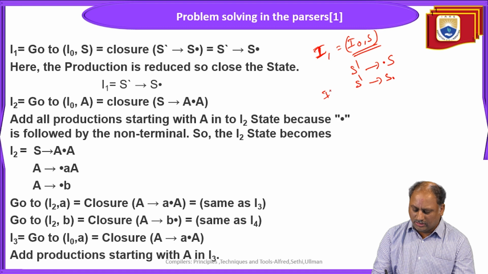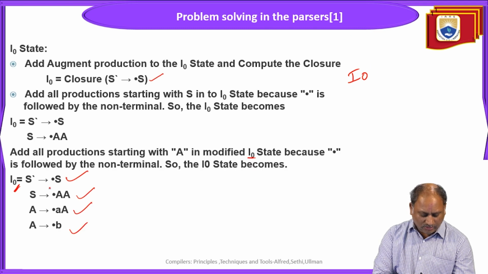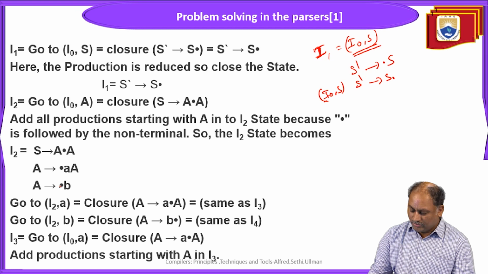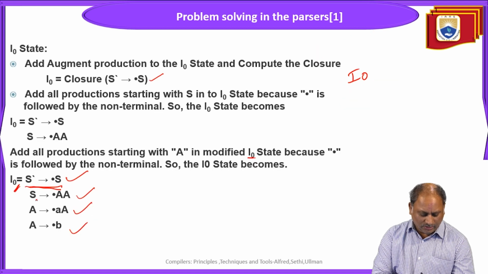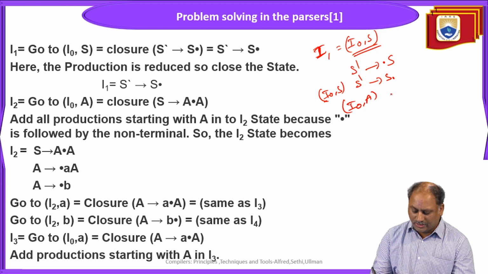This is goto of I0 comma S. Similarly, we perform goto of I0 comma A. What was the previous one? S derives dot A. So if you perform goto of I0 comma A, we get S derives A dot. Why? Because previously what is the production?